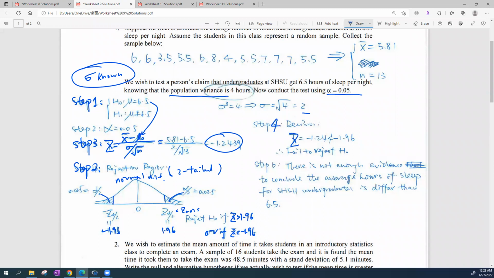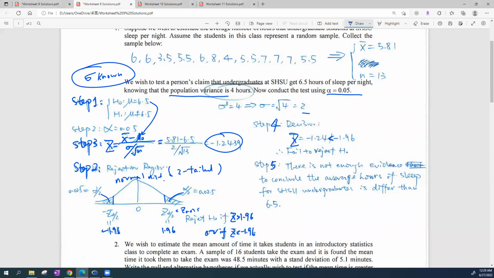And then step 4, we want to make a decision. The test statistic equals negative 1.24. It is not smaller than negative 1.96. We only need to compare with the negative side. So we fail to reject the null. That's the decision.